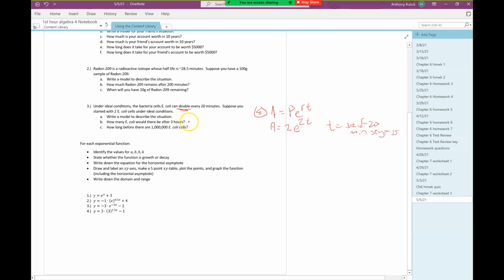So if we ask how many E. coli cells will there be after 3 hours, 3 hours is 180 minutes, which is 9 of those 20-minute segments. So I'm going to plug in 9 for t.